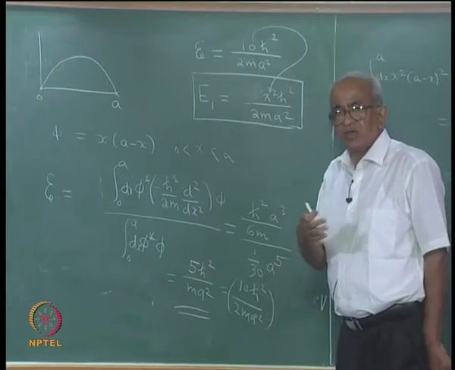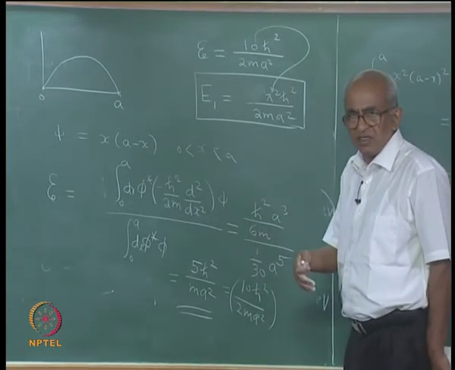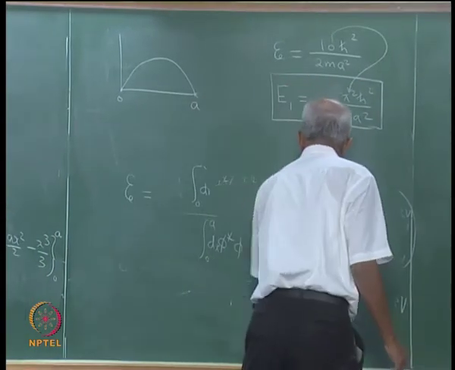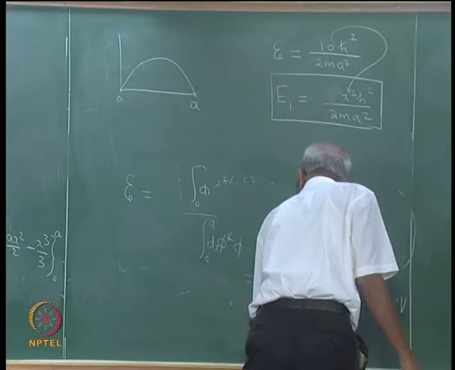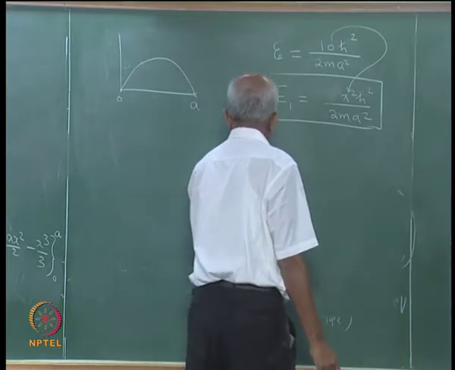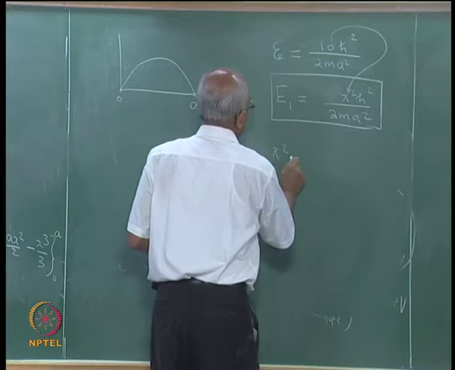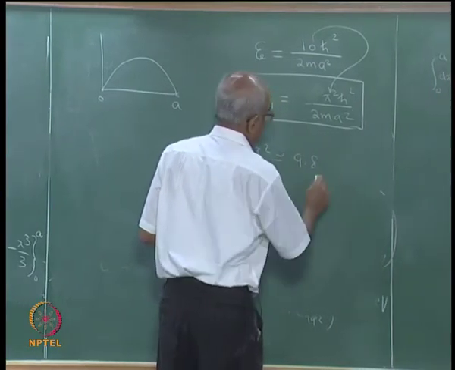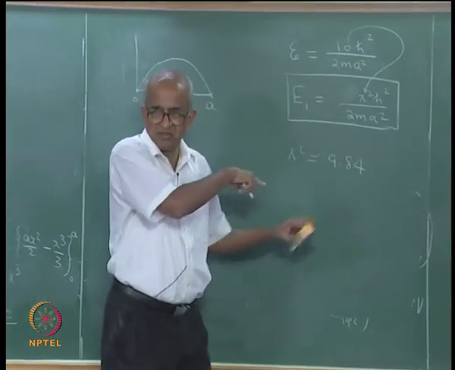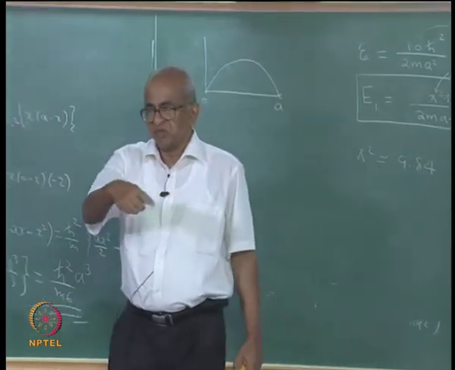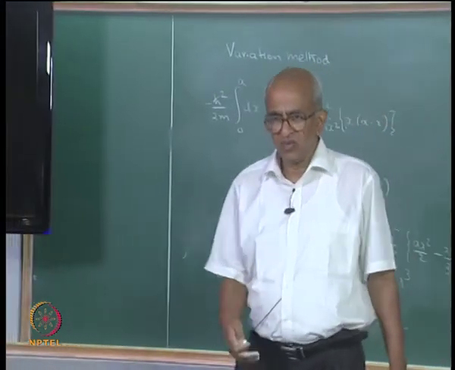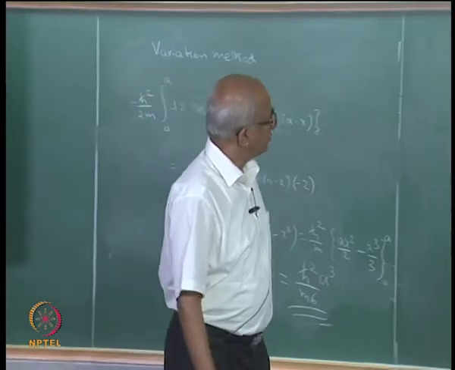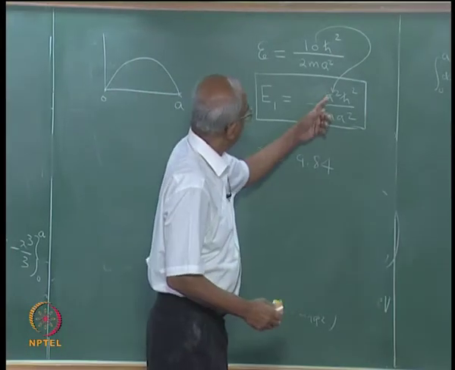So pi, you know, is 3.1415 etc. If we calculated the value of pi square, pi square would be approximately 9.84. This is approximate, it may be 9.85. Do the calculation, you will find it. So instead of the actual 9.84, what did I obtain?